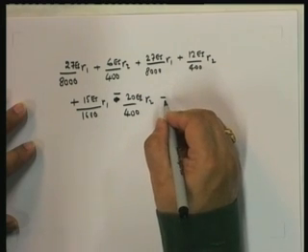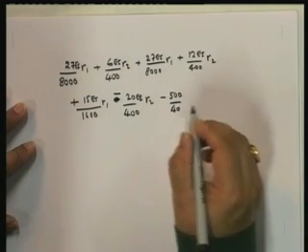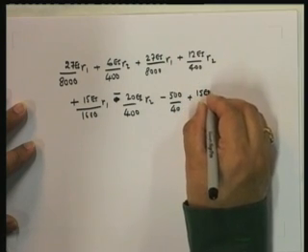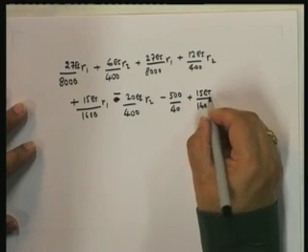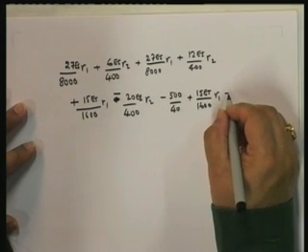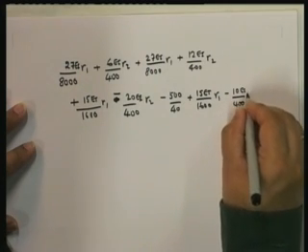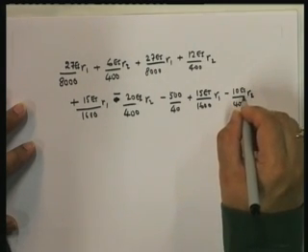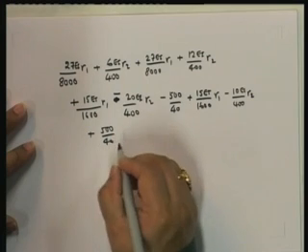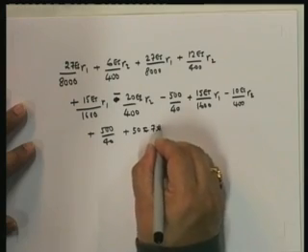Then I have minus 500 upon 40. Then I have plus 15 EI upon 1600 R1, minus 10 EI upon 400 R2, plus 500 by 40 plus 50 is equal to 75 by 2.